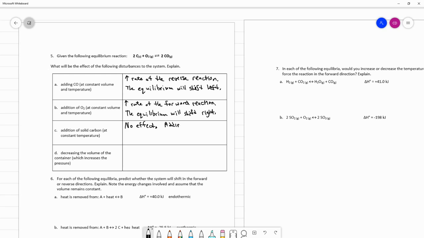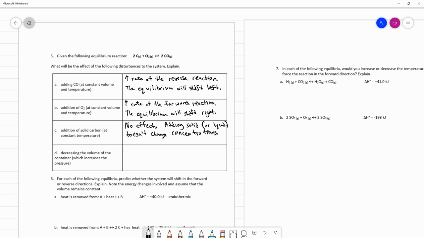Adding solid or liquid doesn't change concentrations. So the equilibrium will not shift.